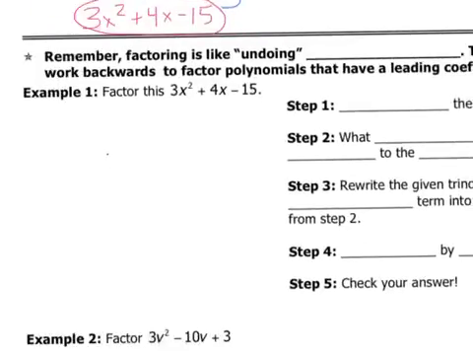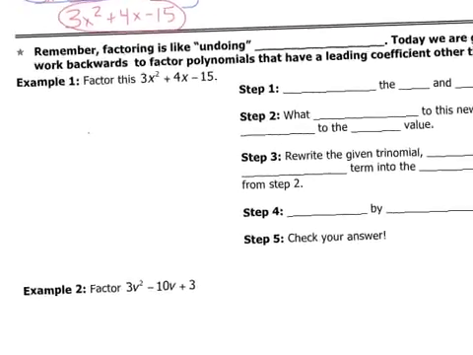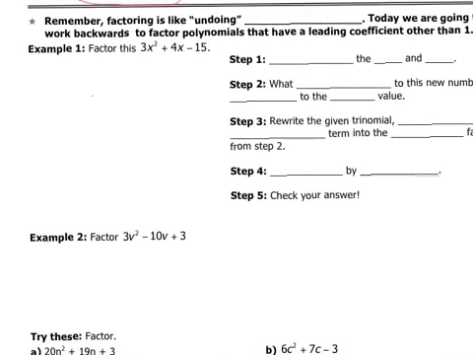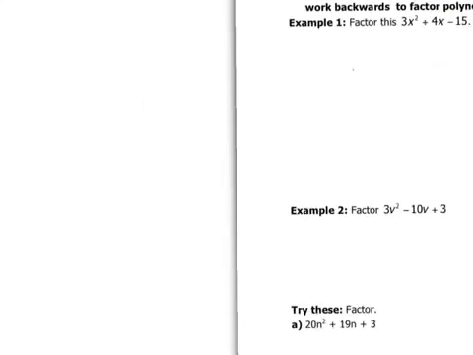All right, so here we go. Remember, factoring is like undoing distribution. Okay, this is called the AC method, and this is why. Every quadratic in standard form is of the type ax squared plus bx plus c.